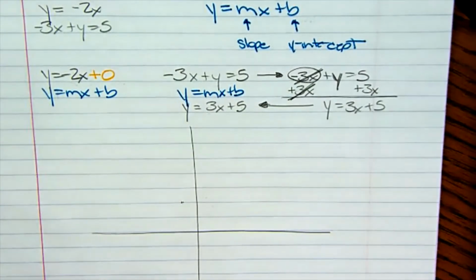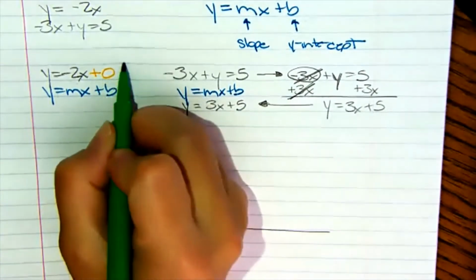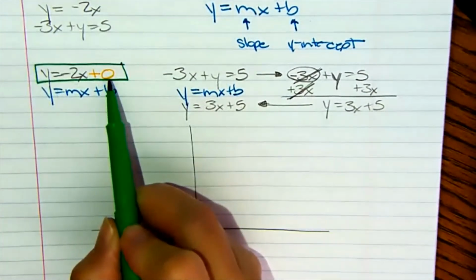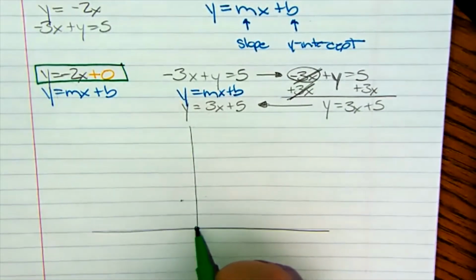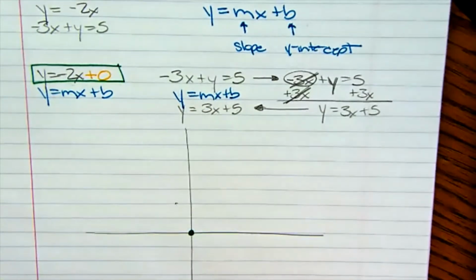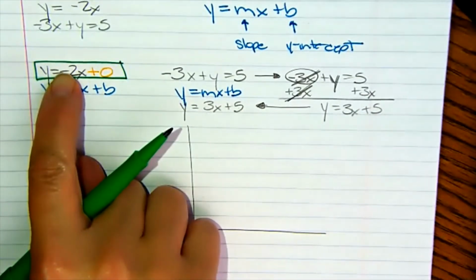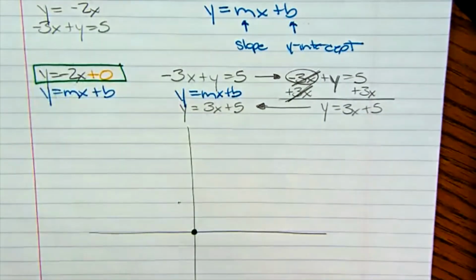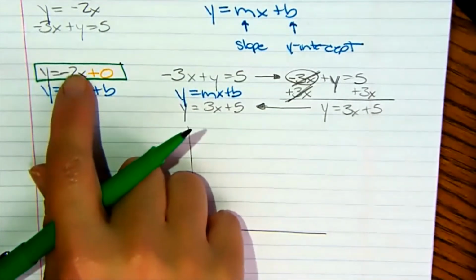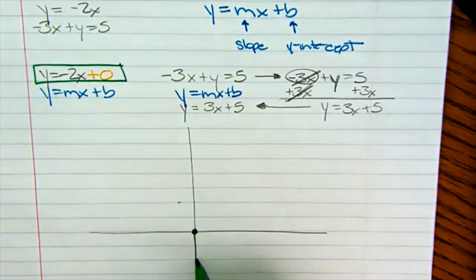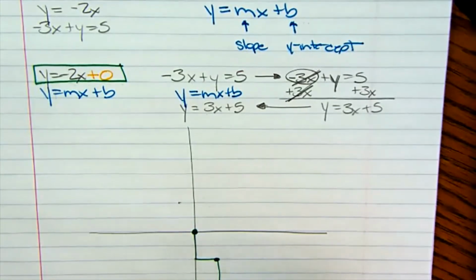Okay. So my first equation right here, my y-intercept is 0. This is my starting point, where it crosses my y-axis. My slope is negative, which means it's going to go down, and it's negative 2 over 1. I'm going to go down 2 over 1.